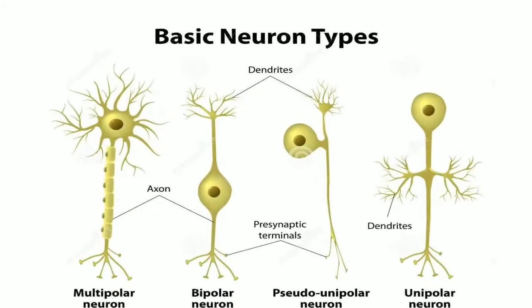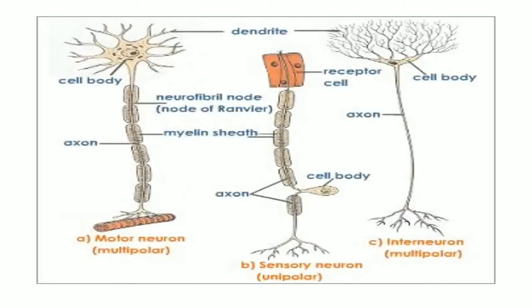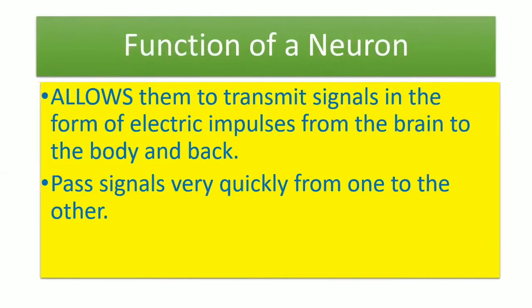Now moving on to the next slide, basic neuron types, axon, dendrites, and then we move on to the next. You can take the slideshow as the slide goes on. The function of neurons and everything is well explained in this.